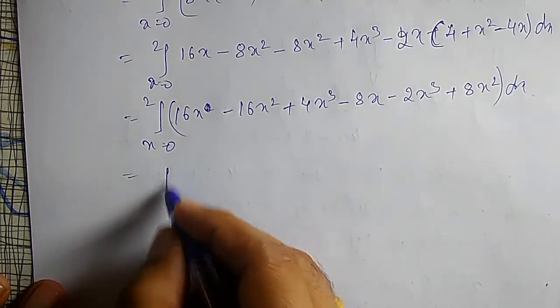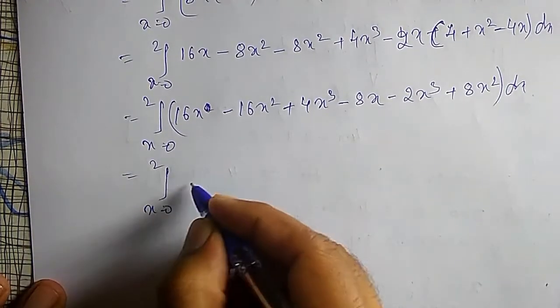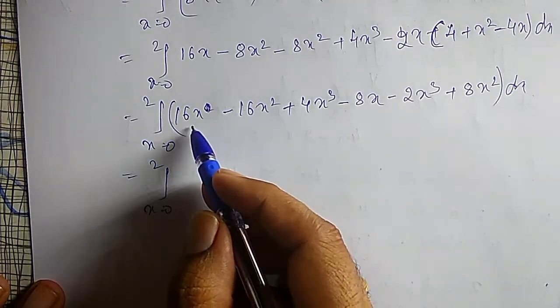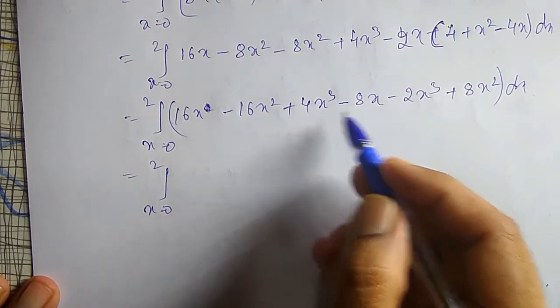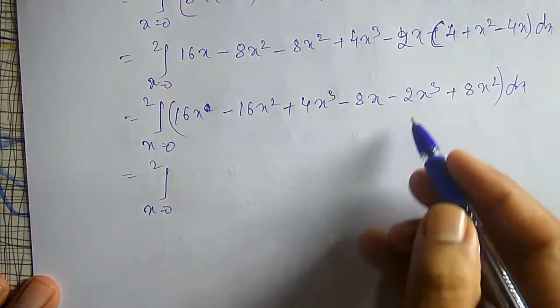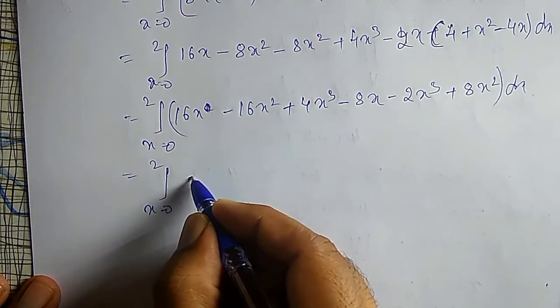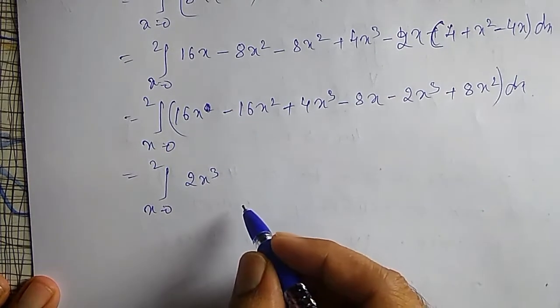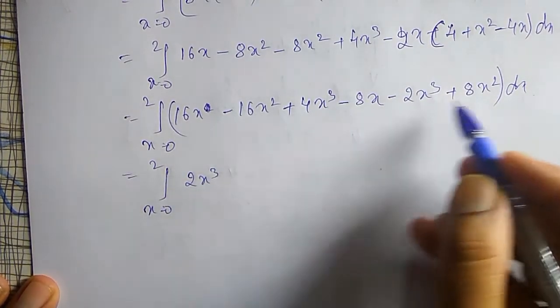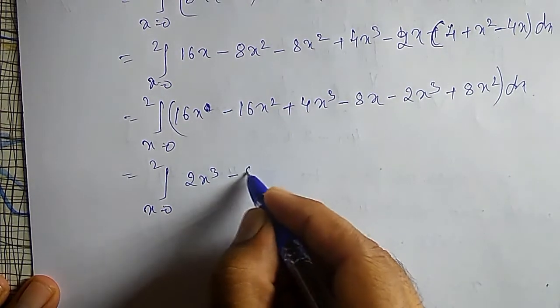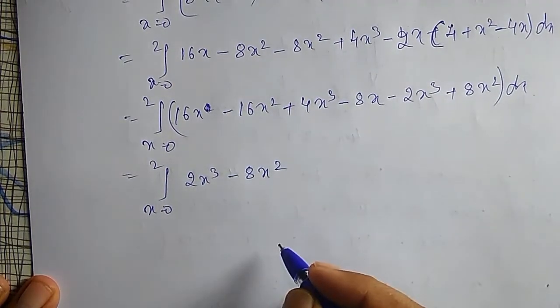Therefore, integration from x equal to 0 to 2, x cube containing terms first: 4x cube minus 2x cube will become plus 2x cube. x square containing terms: minus 16x square plus 8x square will become minus 8x square.